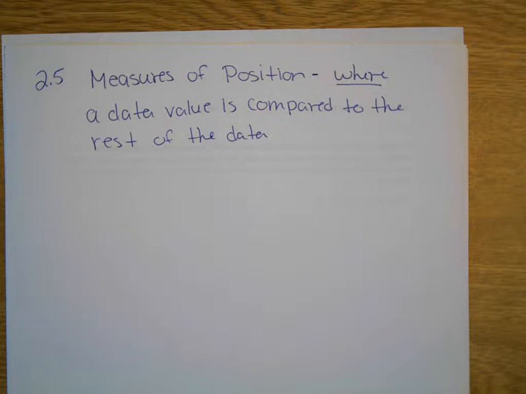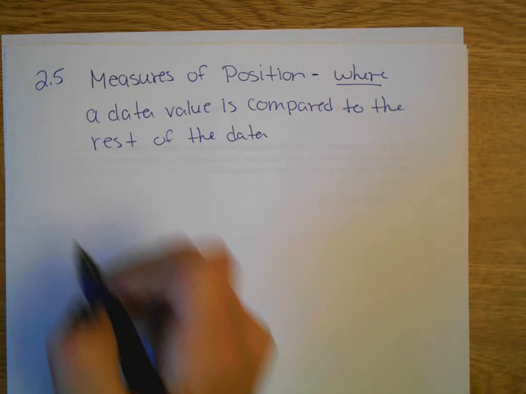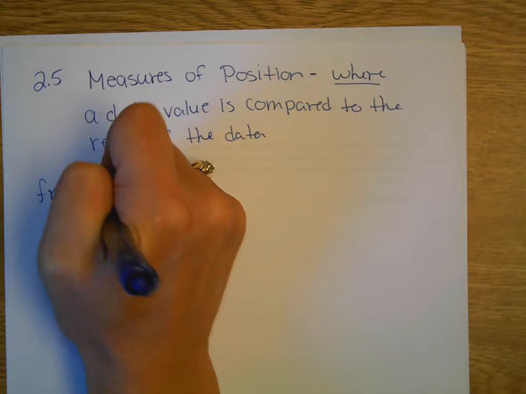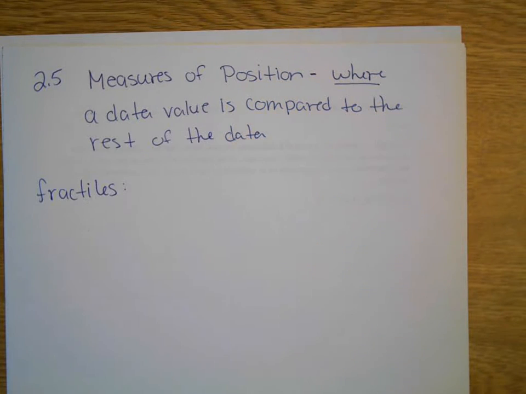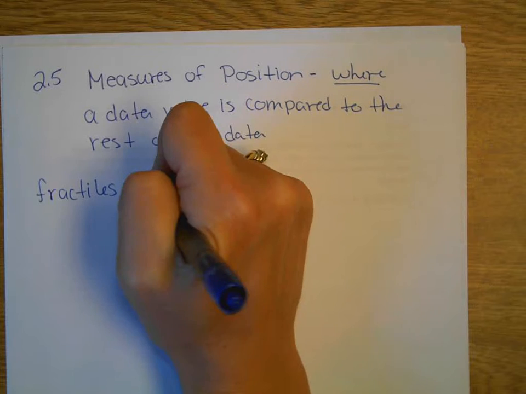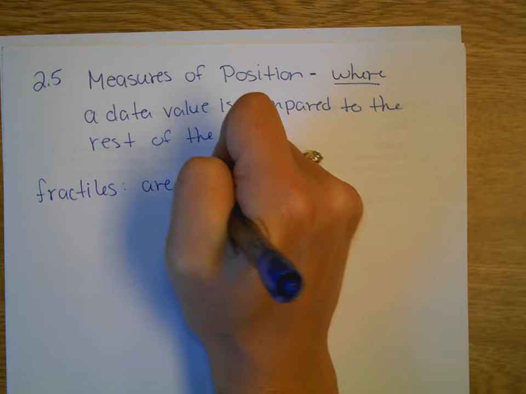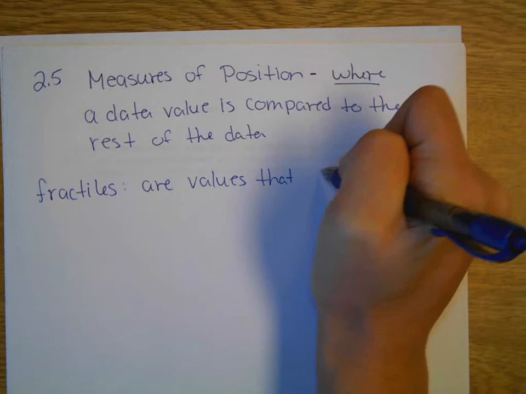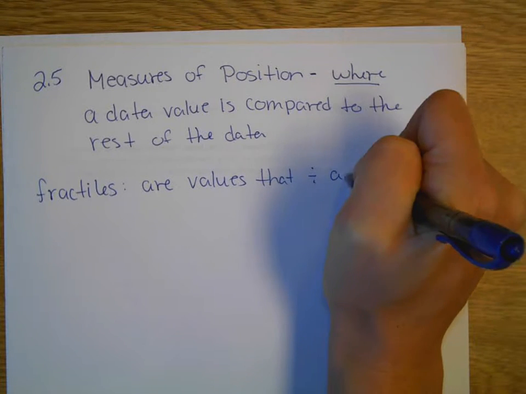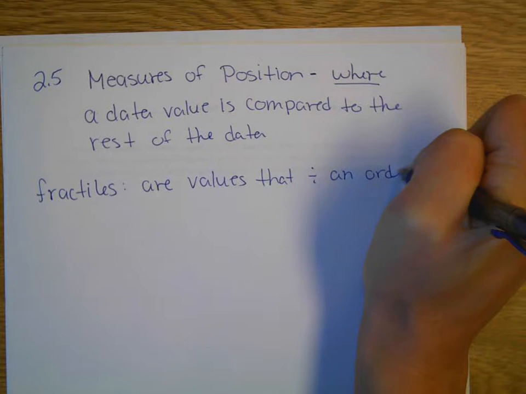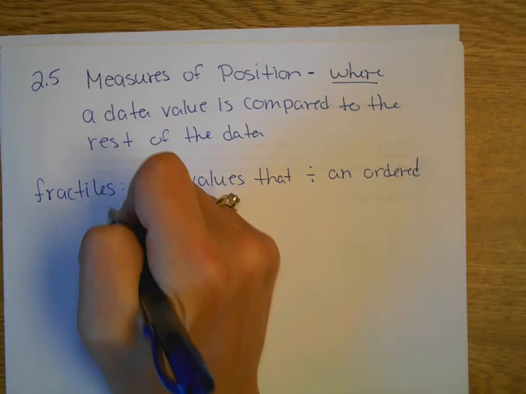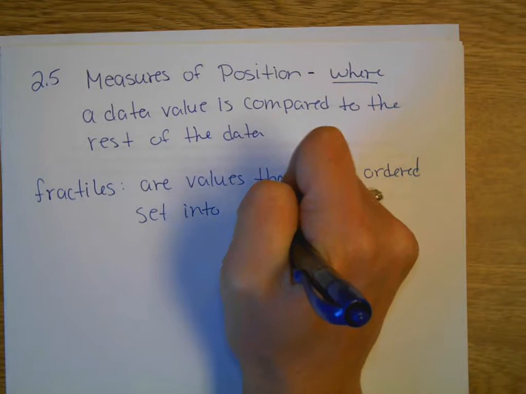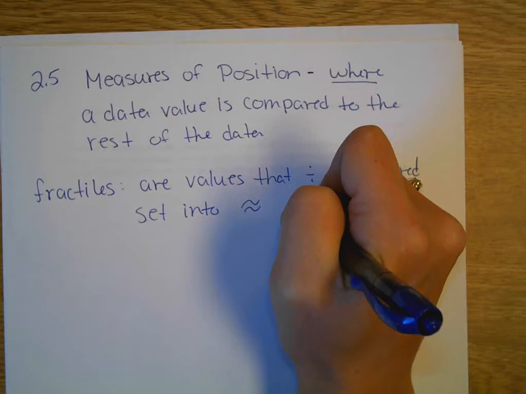So what we're going to be talking about are fractiles. Fractiles are values that divide an ordered set into approximately equal parts.